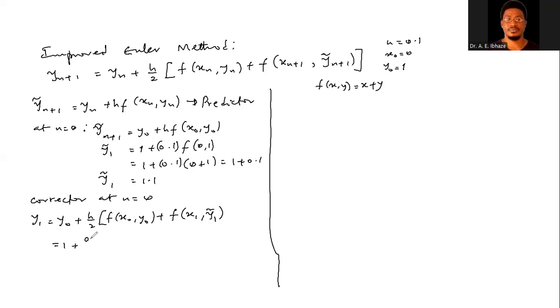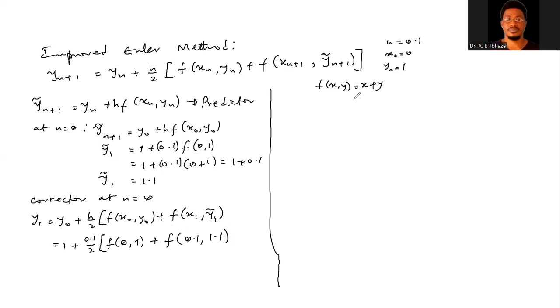We know the step size, 0.1 over 2. Now, f of the initial value of x, 0, and for y, the initial value is 1, plus f of s1. We already know the step size, that's 0.1, and then at this, 1.1.